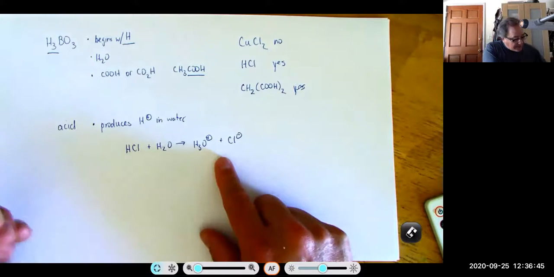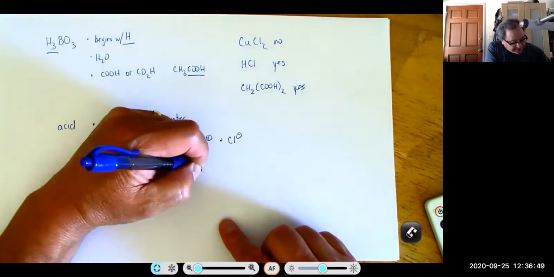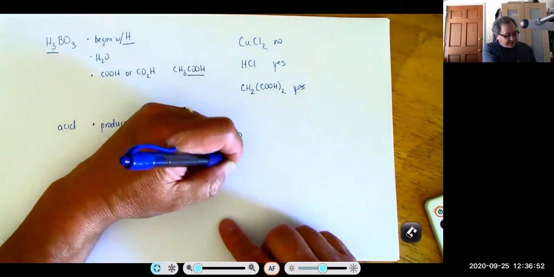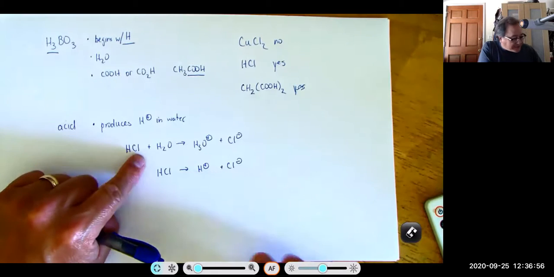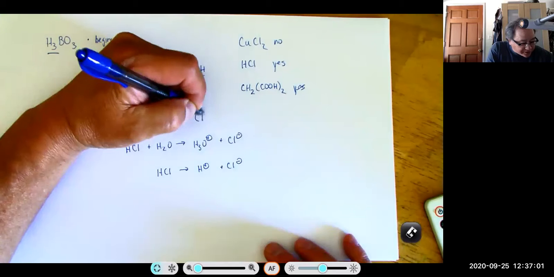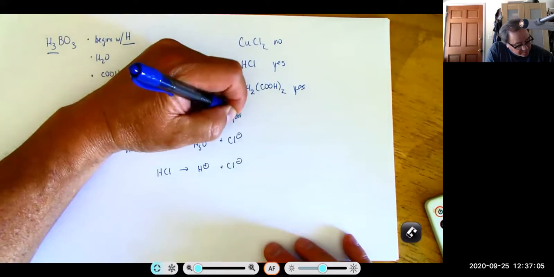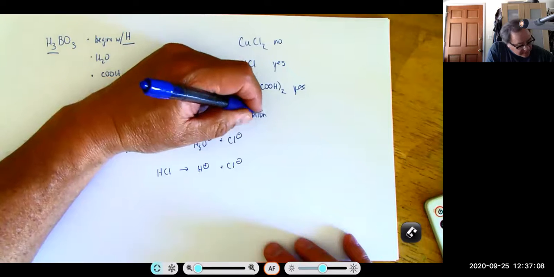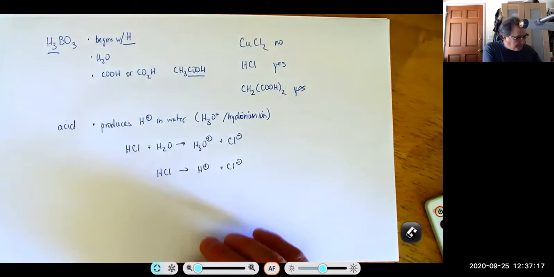But a simpler way to think about it is just that the HCl, when you put it in water, makes H plus and Cl minus. So this is a simple definition that it produces H plus in water. It really produces this guy, which is called the hydronium ion. And when I post the lectures for this part of the chapter, you'll see that stuff in there.